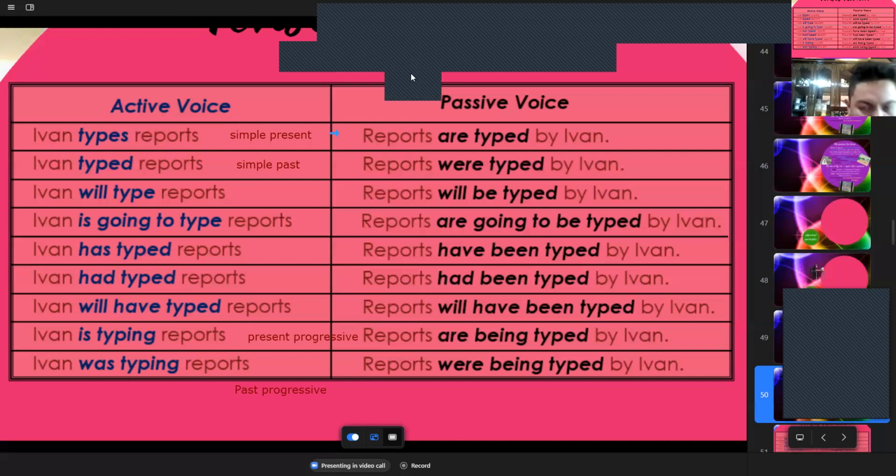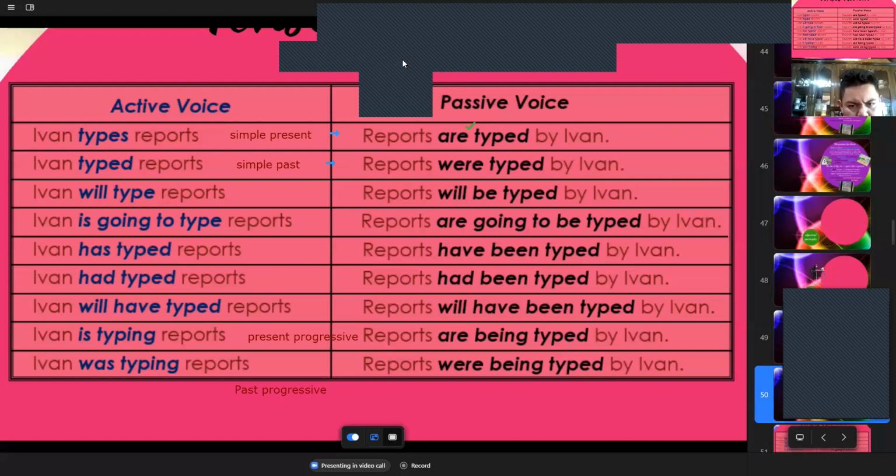This is my verb in passive voice, are typed. From simple present, I am going to report it in this form. Now, the second one. If I am using simple past, when I use the passive voice, reports were typed.